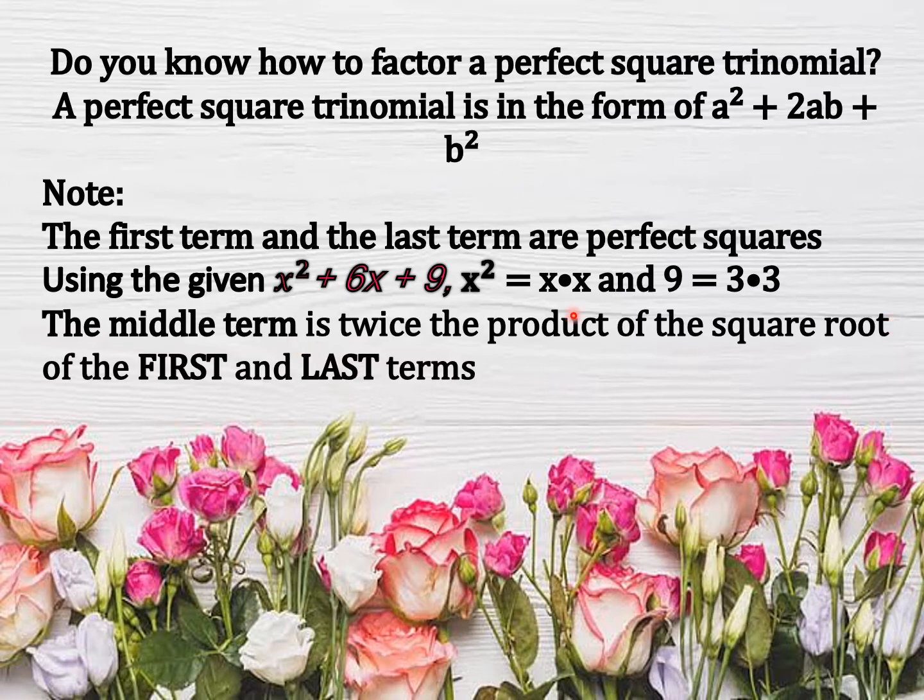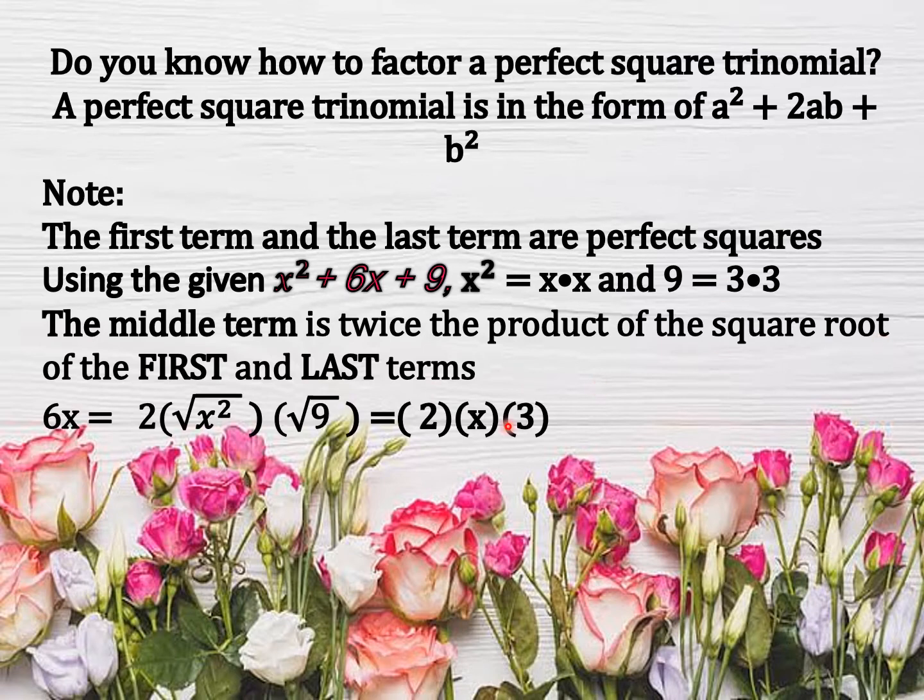The middle term, which is positive 6x, is twice the product of the square roots of the first and last terms. So 6x is equal to twice, and when we say twice, we are going to multiply it by 2.